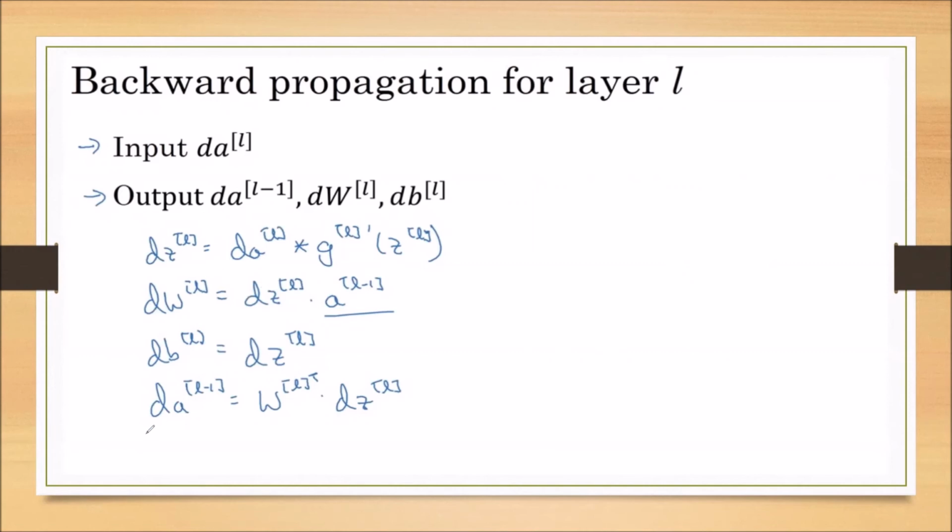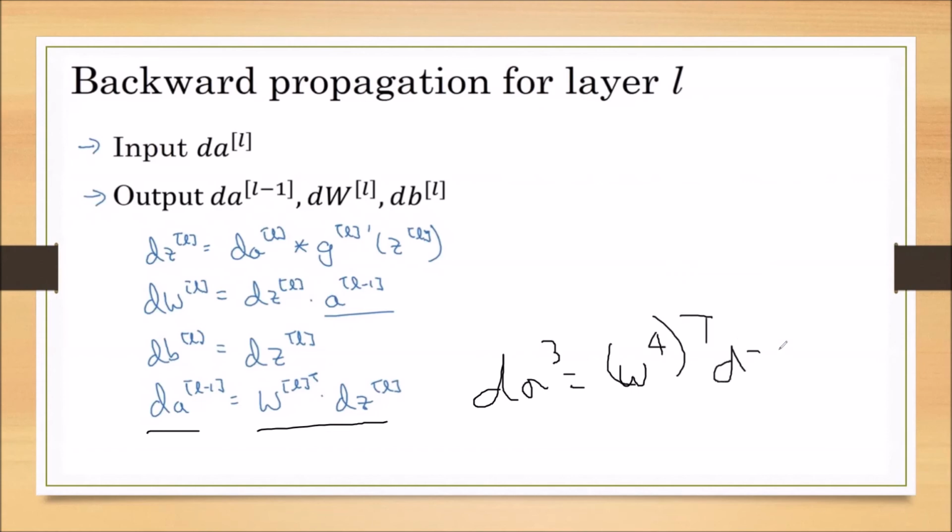Again, we are writing this, the previous layer dAL-1 is equal to WL transpose into dZL. Means if we want to get dA3, this is equal to W4 transpose into dZ of 4.